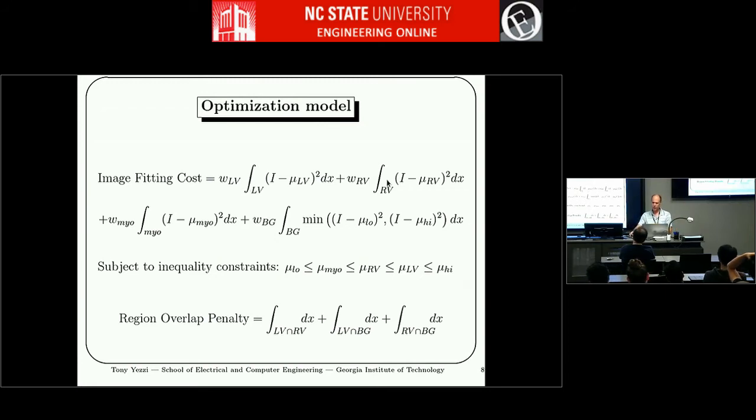So in these four regions, left ventricle, right ventricle, myocardium, and background, we come up with a simple representation of the data as being piecewise constant. And in the background, since we have dark areas and bright areas, we have bone, we fit it to two constants. So you can think of this as a two-level C-means representation where we match to two possible intensities, and then we take the minimum of the two.